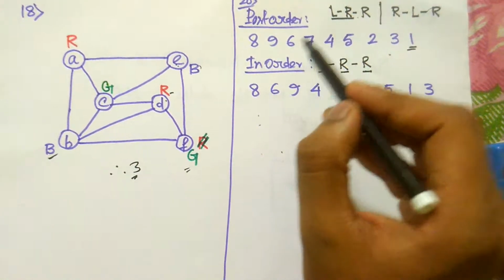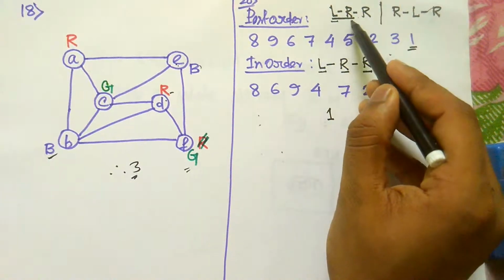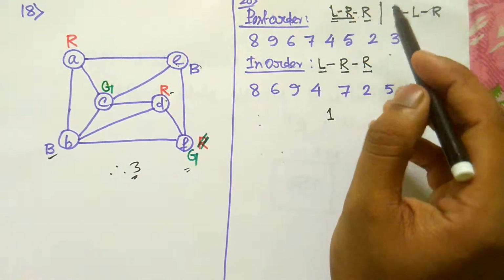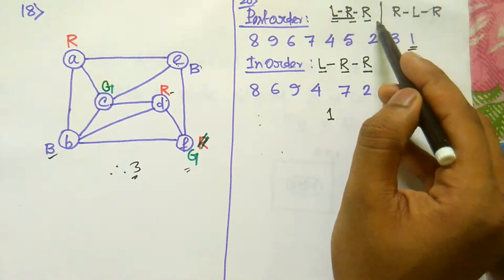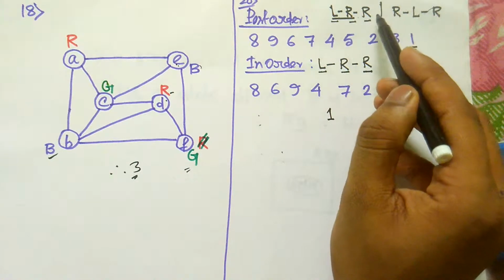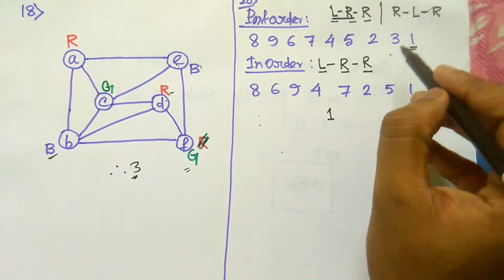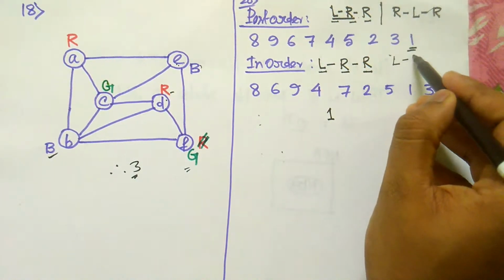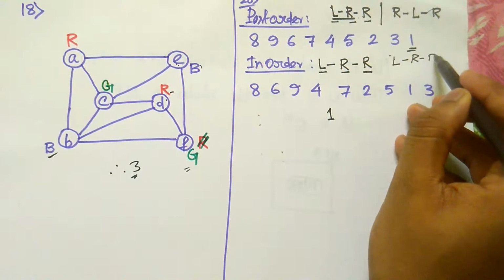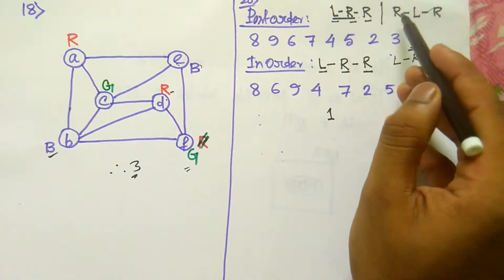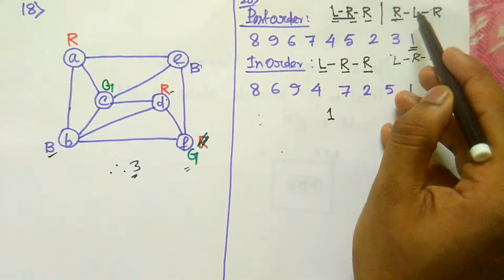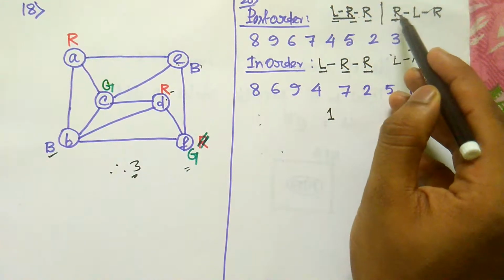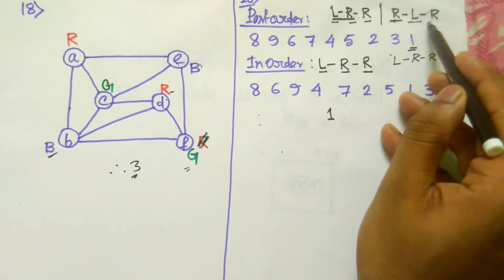For post order the sequence is left, right, root.